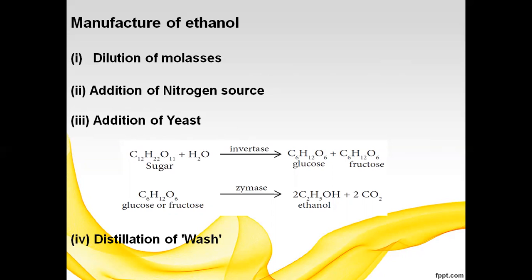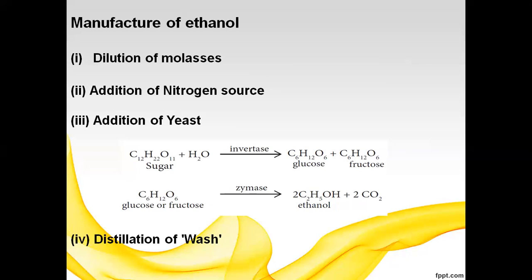So, on addition of yeast, we obtain 15 to 80% of alcohol. It is converted by fractional distillation. We obtain 95.5% of ethanol and 4.5% of water.